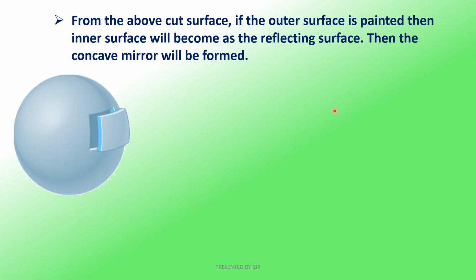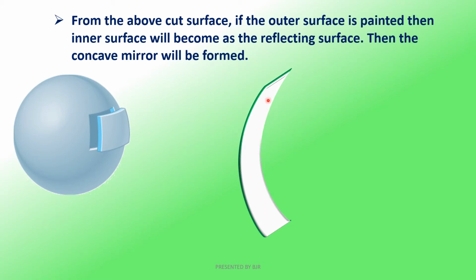See here, this is the small portion we have cut already. So this is the concave mirror. Outer surface is painted. You can see the margin also here. So outer surface is painted, and the inner surface, this white surface, is the inner surface. So the inner surface is the reflecting surface.